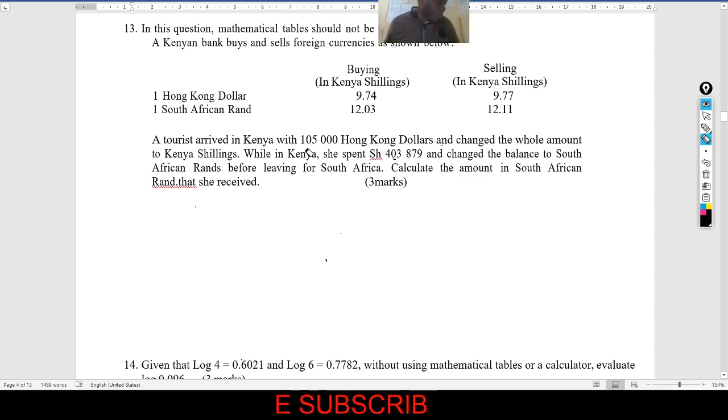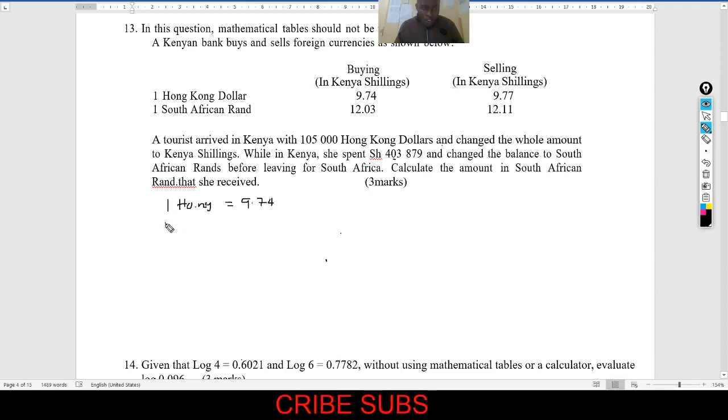We say that 1 Hong Kong dollar equals 9.74 Kenyan shillings.